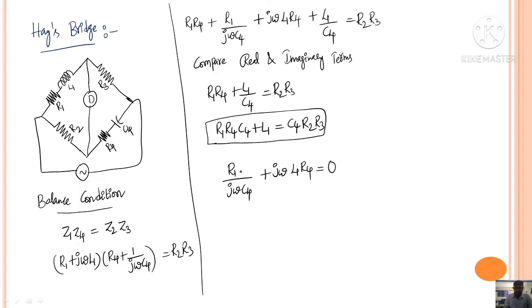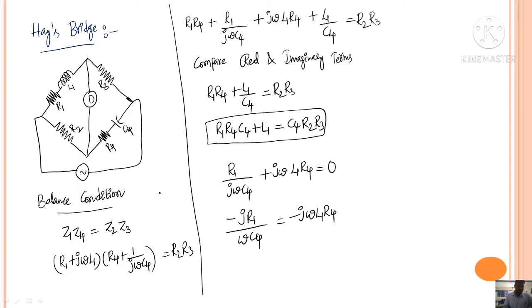By multiplying the numerator and denominator with j, you will get j into R1, and j into j is j square, which is minus 1. So you will get minus j R1 divided by omega C4, and it is equal to, sending this term to the RHS, minus j omega into L1 R4.